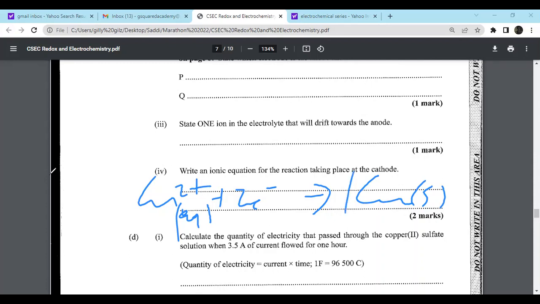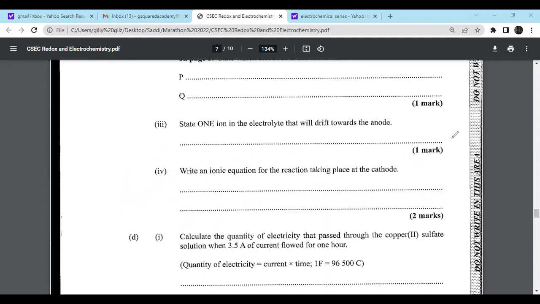On this side, I have one copper. Over here, the charge is 0. Over here, the charge is also 0 because this is +2 plus -2, and +2 plus -2 is 0. So the charge on both sides is actually equal. Okay? So that's that bit.